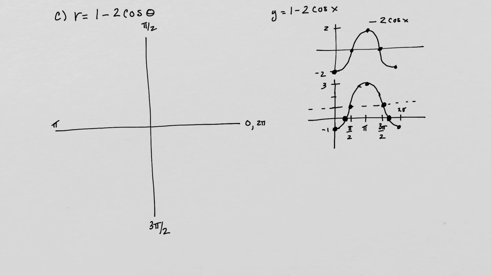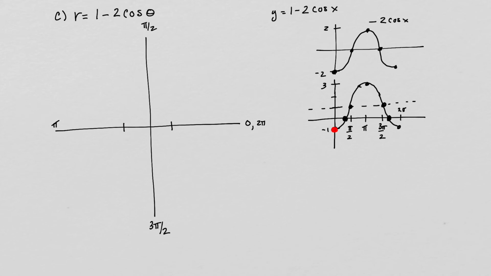0, 2 pi. Okay, so if I take my first point, I am at 0 degrees, and at 0 degrees, I'm at negative 1, right? So if you remember, negative means go the opposite direction. So rather than go out here to 1 on the 0 spoke, I'm going to go to 1 in the opposite direction.